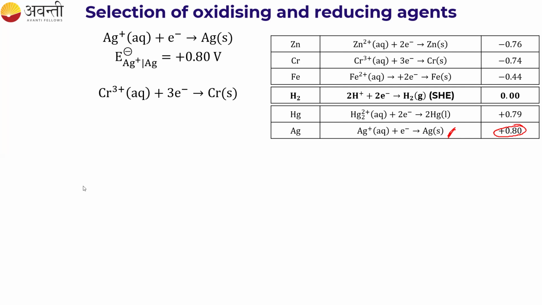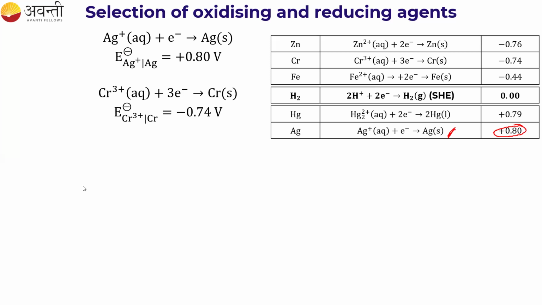And for chromium 3 plus to chromium, it is minus 0.7. If the reduction potential is higher, then the tendency to get reduced is also higher, right? And it is a strong oxidizing agent.